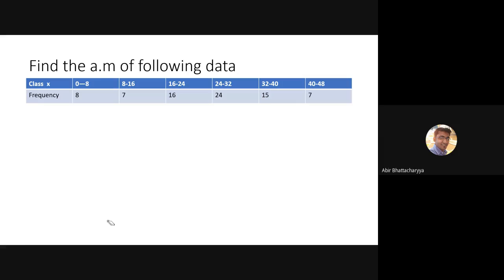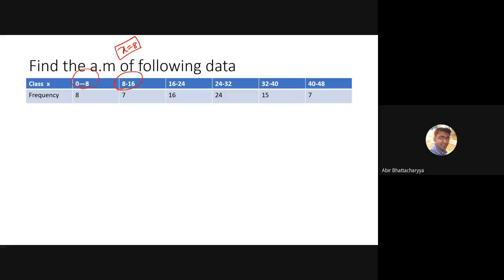Now there is one question I asked on the last question, that if someone got 8 marks, in which class will we allow this 8? Is it this class or that class?